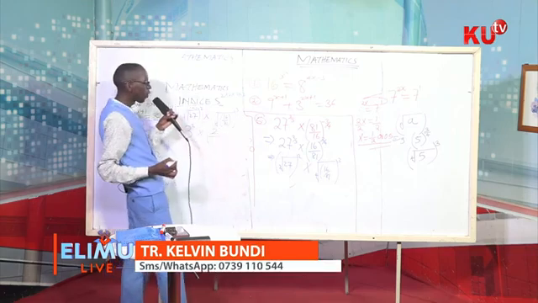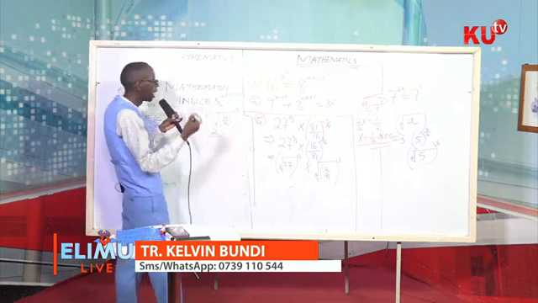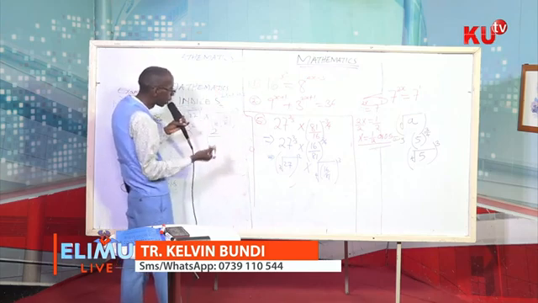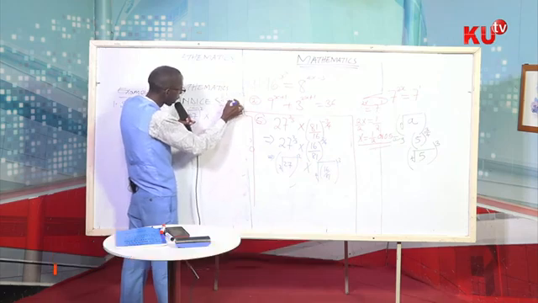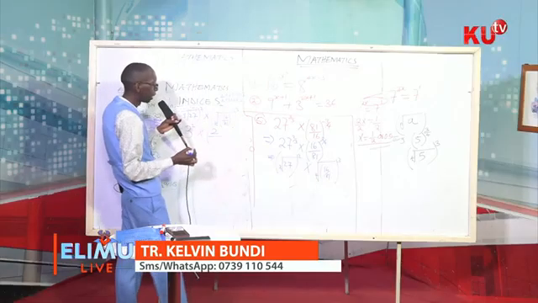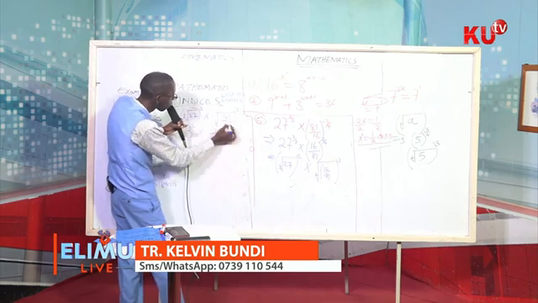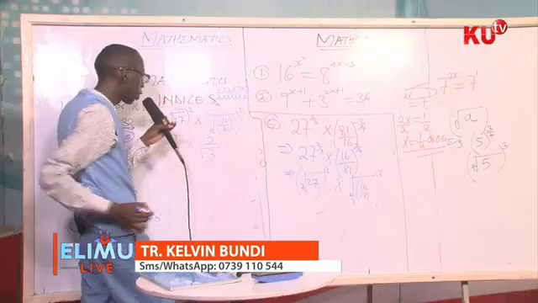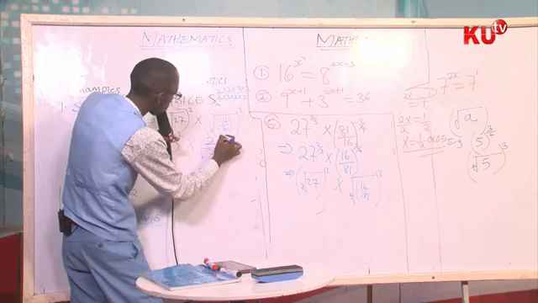Over, what is the fourth root of 81? Which number can you multiply by itself 4 times to get 81? It is 3. 3 times 3 is 9, 9 times 3 is 27, 27 times 3 is 81. So the fourth root of 16 is 2, and the fourth root of 81 is 3, and then you raise it to power 3.